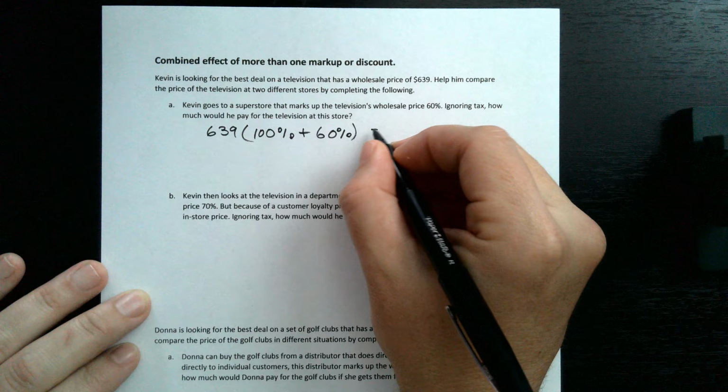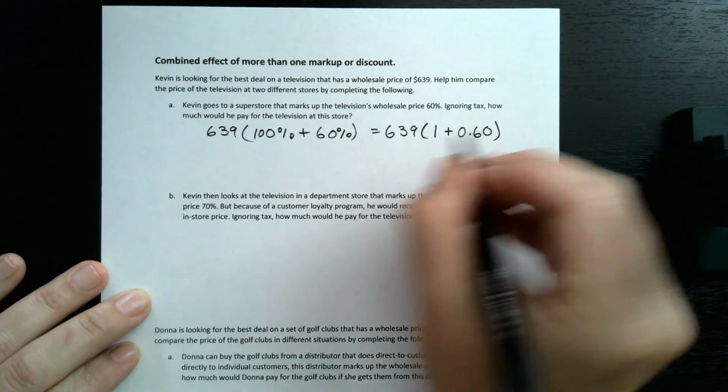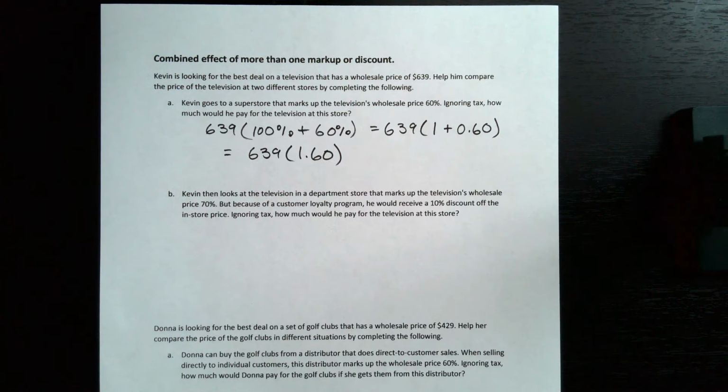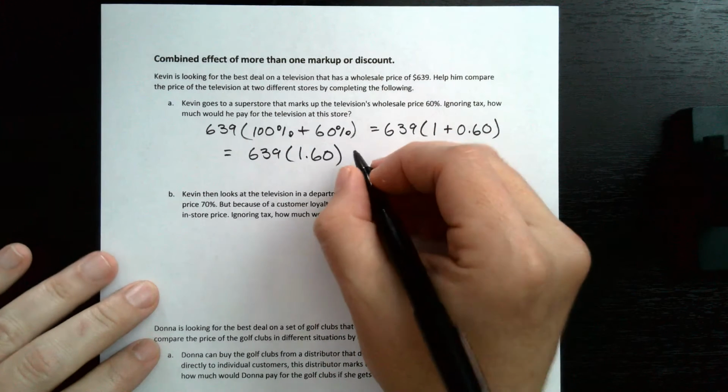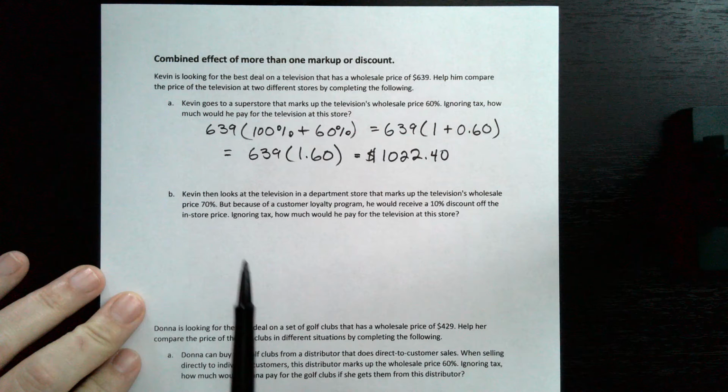It's going to be 639 times 1 plus 0.60, which is equal to 639 times 160%. If you put that into your calculator and multiply, you will get $1,022. Okay, so we know how much Kevin's going to spend at the superstore. Let's see the next one.